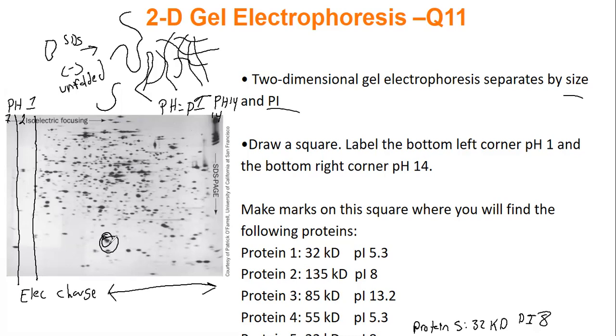I'm going to take it off the gel and discover what it is. I have this protein that's also in the cell. I'm going to discover what it is. It's a way to separate lots of proteins at the same time to try and discover what they are. So it's a very fast way to separate a lot of proteins. So you separate by charge and then you separate by size.